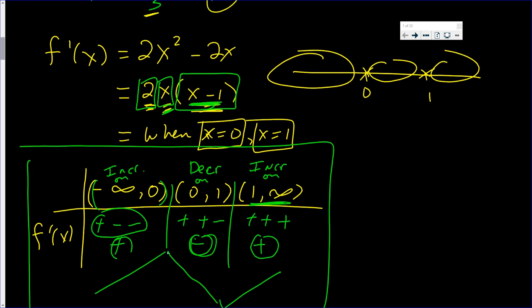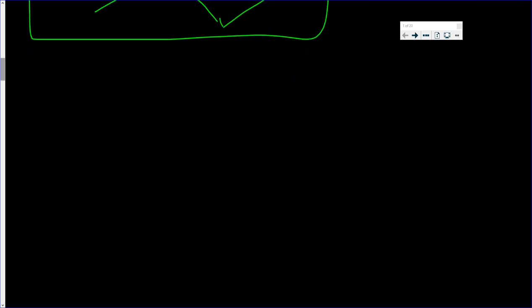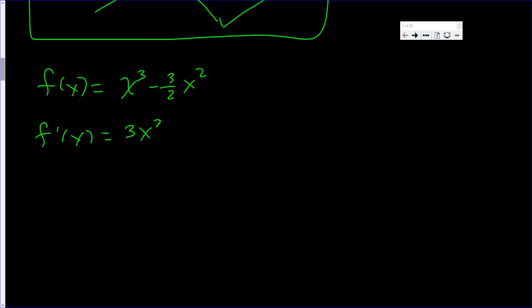Suppose this time, okay, let us look at this function. Same question, find out where this function is increasing and decreasing. It's a cubic function. We take the derivative, which is 3x squared minus, when you bring the 2 down, the 2 in the bottom kills it, so you have 3x.